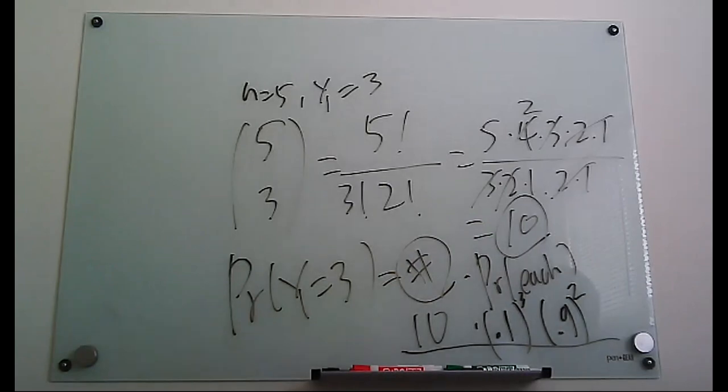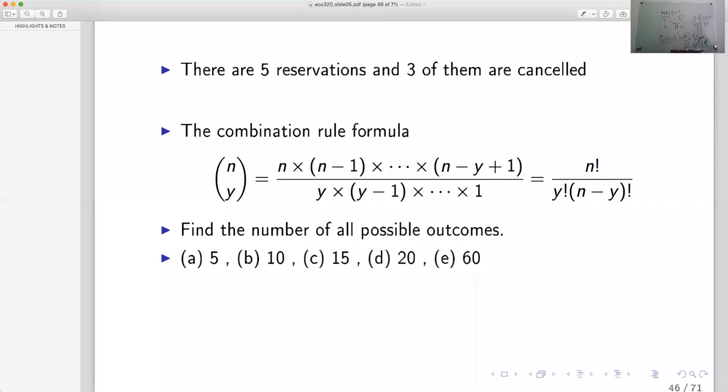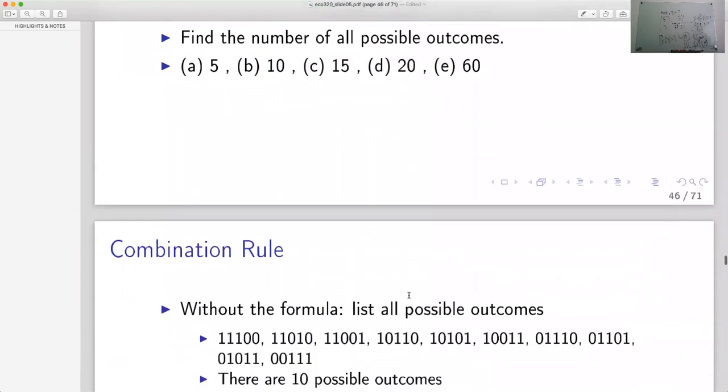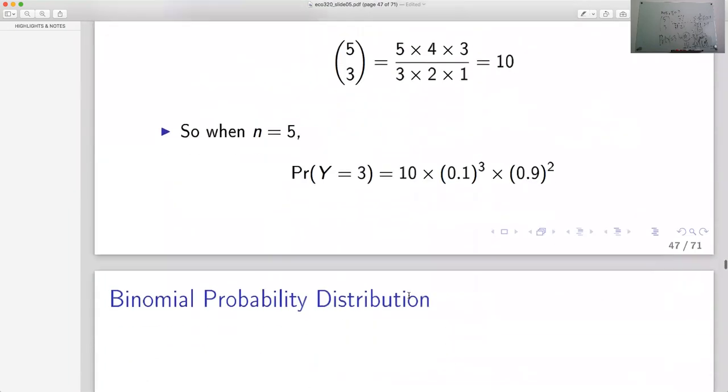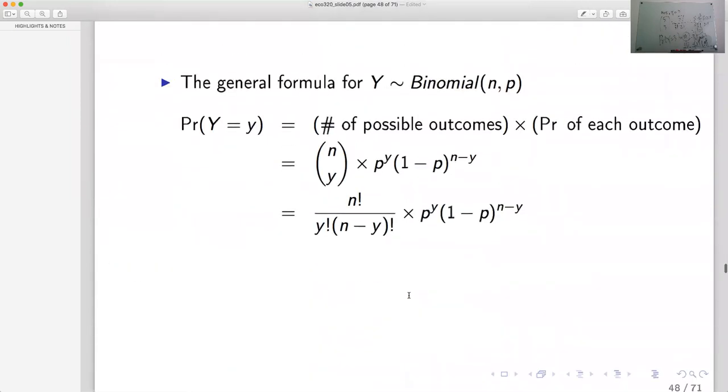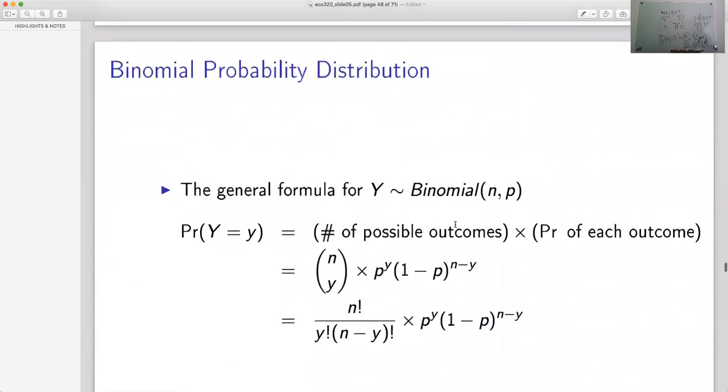Probability is always less than or equal to 1. If your number is greater than 1 for some reason, then you might have made a mistake. So this is the general formula for the binomial distribution.